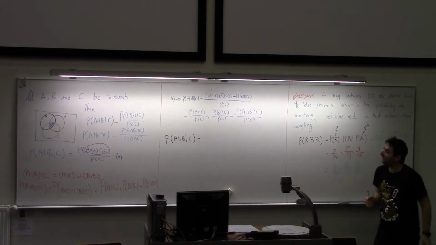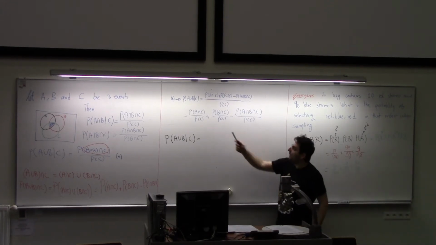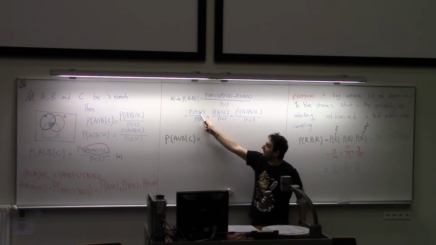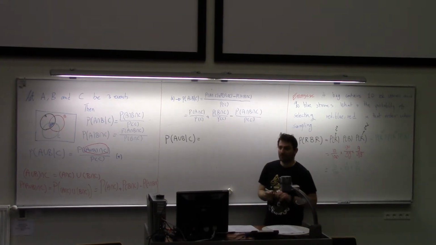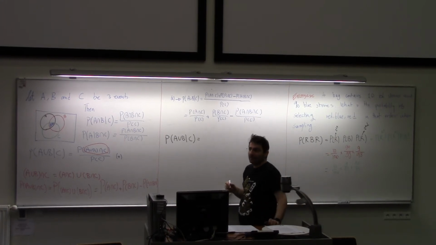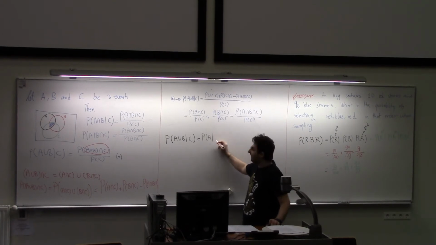Now, you tell me: what is probability of A intersection C divided by probability of C? Say it in any language that you like. It's called probability of A given C.